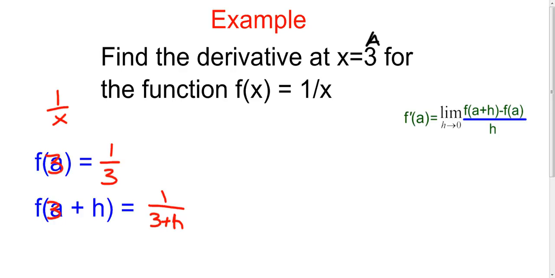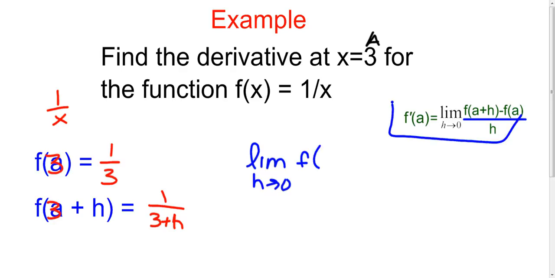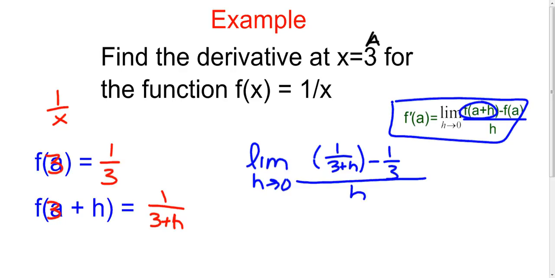What we're really doing, again, when we find the derivative, is finding the limit as h approaches 0 of f of a plus h, using this formula right here. F of a plus h is 1 over 3 plus h minus f of a, which is 1/3. I don't know why I have this f right here. Sorry, I'm going to get rid of that. Over h.